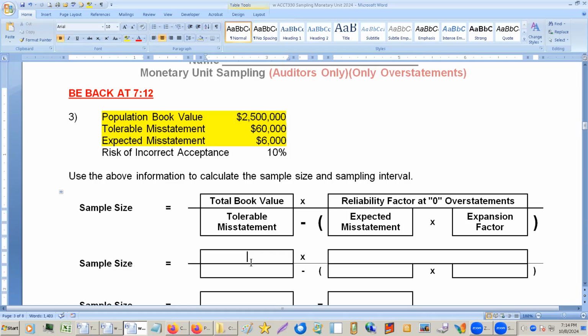So total population book value is this. Let's bold it. The tolerable misstatement, so this is basically material.